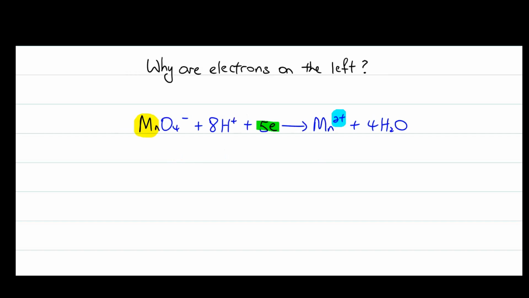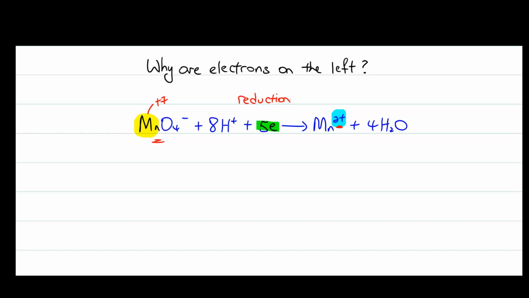This also makes chemical sense. In permanganate ion MnO₄⁻, manganese has oxidation state of +7. In manganese 2+ ion, it becomes +2. The oxidation state decreases. So this is reduction. Reduction means gain of electrons.